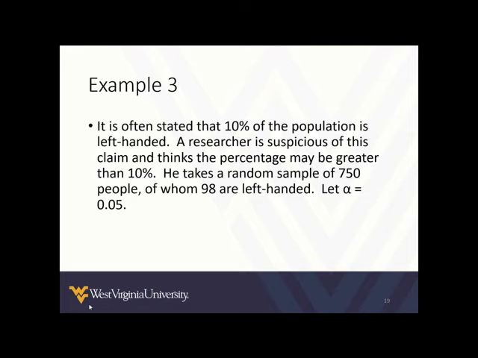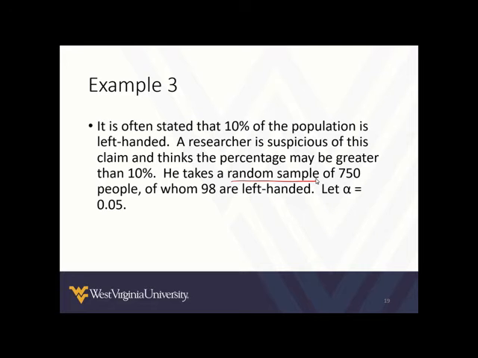To begin with, checking our assumptions, we were given that it was a random sample, and for 10% of the population, if we do 0.10 times 750, that will be clearly larger than 5. And then, of course, 90% of 750 is going to be greater than 5.